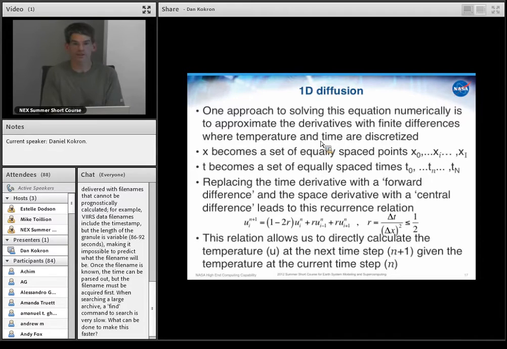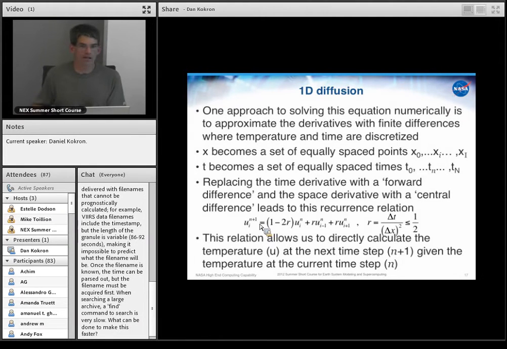In this case, R is delta T, the time step that we're going to use, divided by the spatial step squared. The choice gives us a simple solution that's easy to understand and easy to code.